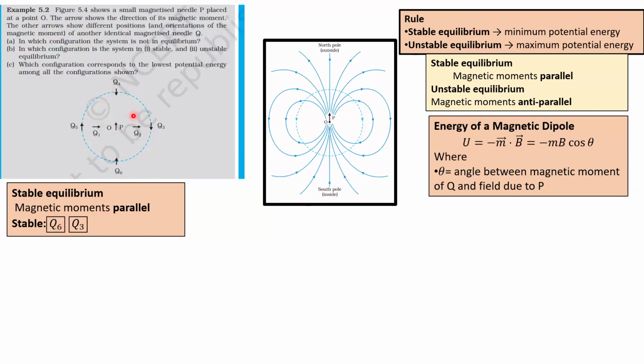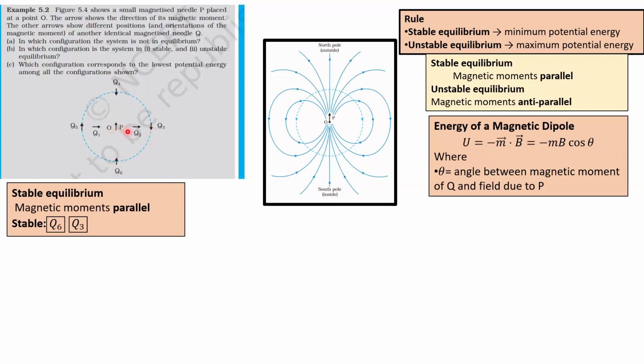Then, what about Q3? How is it parallel? Don't refer to this one. You see the field lines here, right? Field lines are coming downward, and Q3 is also downward. Q3 and the field lines are in the same direction. For Q6, we observed it is along the same axis, so Q6 you can easily find out.